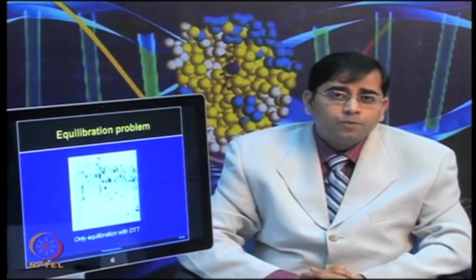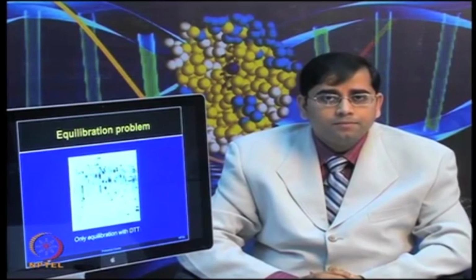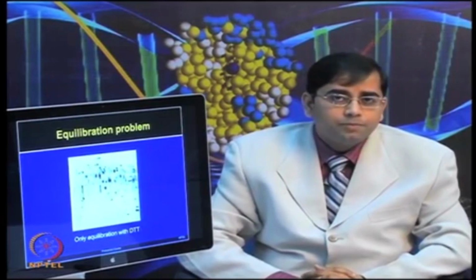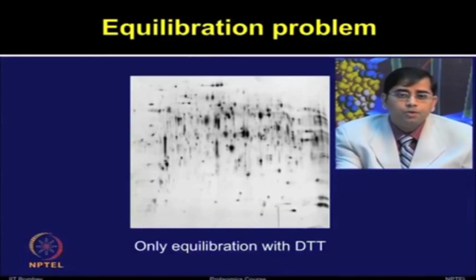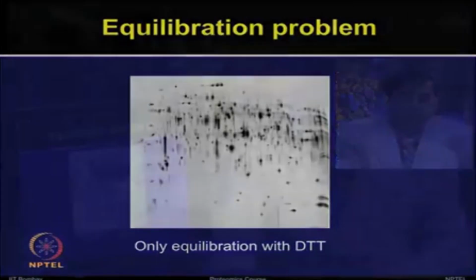Now, after protein extraction and the IEF process is done, one needs to equilibrate this strip. The equilibration process itself can create some problems. For example, if you have performed only the first equilibration with DTT and forgot to do the second equilibration prior to the second dimension separation, then you can see a pattern similar to that shown here, with only equilibration with the DTT.